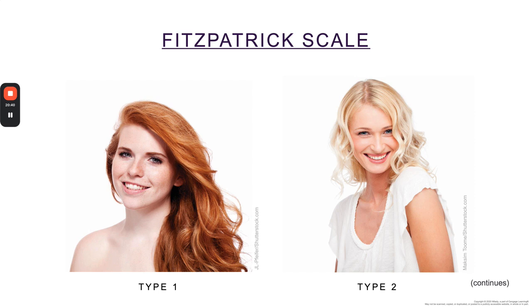So number 2, our Fitzpatrick 2. Our Fitzpatrick 2s, as far as their skin's reaction to UV exposure, burn easily and usually always peel, and they tan minimally, if they do tan. As far as their eye color, blue, hazel, or brown are common for Fitzpatrick 2s.